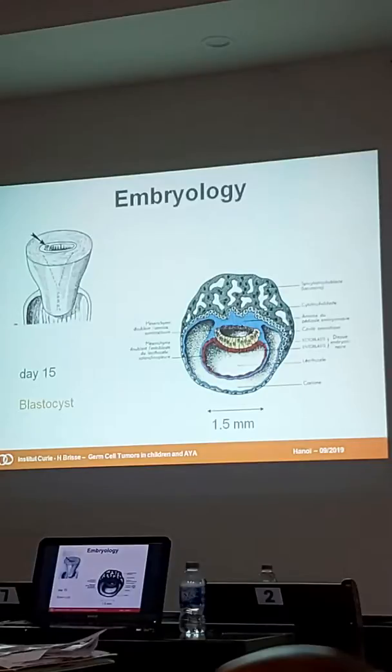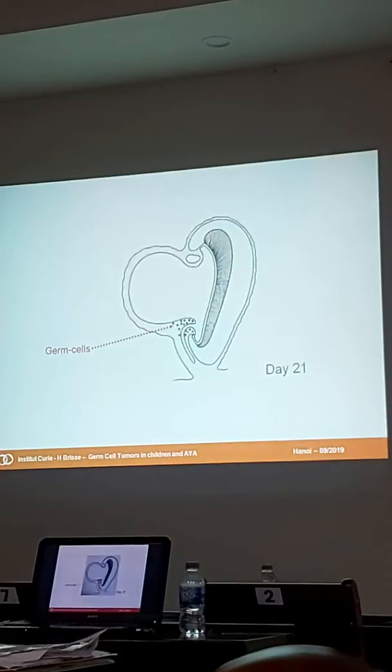To better understand the location and the origin of this tumor, we should go back to embryology. Just to remind you that at the 15th day of embryology, you have a small embryo with 2 cell layers. And then at day 21, you have the embryo with the 3 cell layers, with the embryonic pellicle here, and the primitive bowel here is closing.